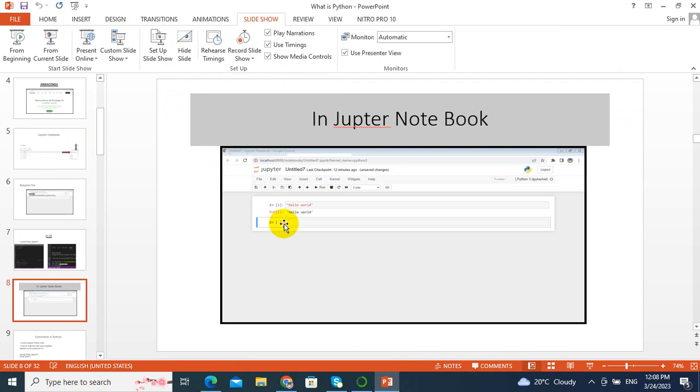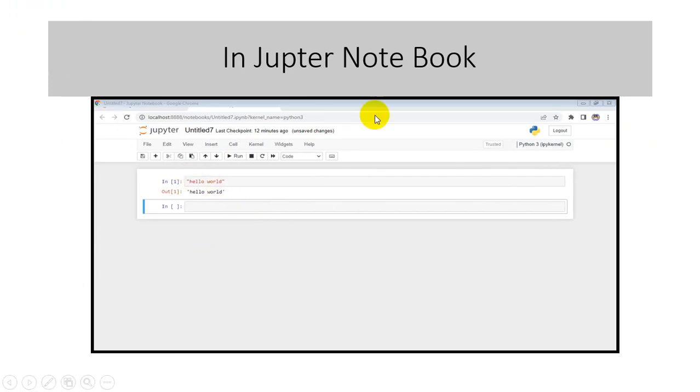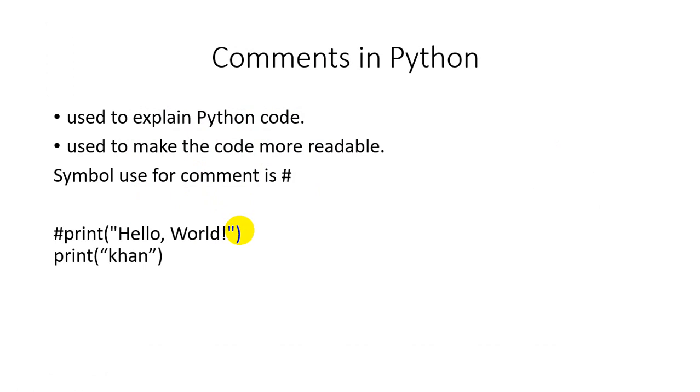Now coming forward to our next topic. In Jupyter Notebook, I wrote print, inverted commas and hello world. Anything which you want to be printed. The next topic is comments in Python. Comments in Python are used to explain the Python code and to make the code more readable.